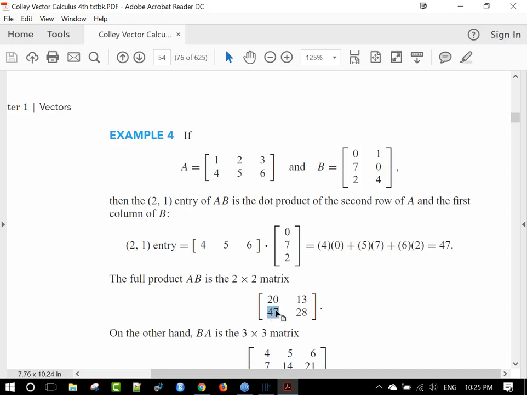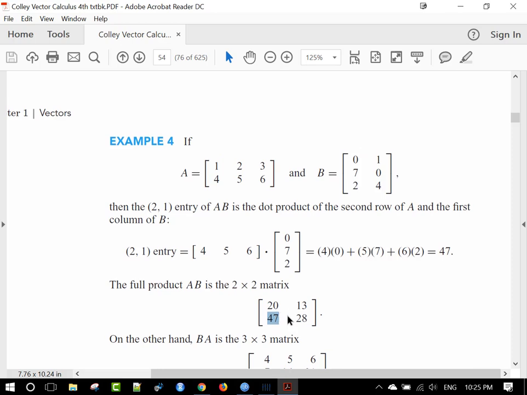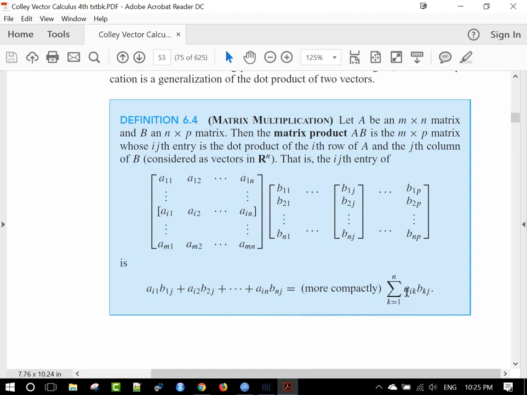So this would be the 2, 1 entry. So in general, how do we get the ijth entry? If I want the ijth entry, then I have to take the ith row from the first times the jth column of the second. So the ith row entries, what do they look like?